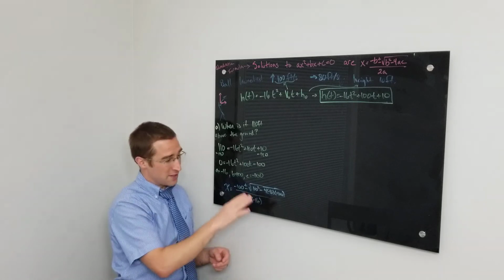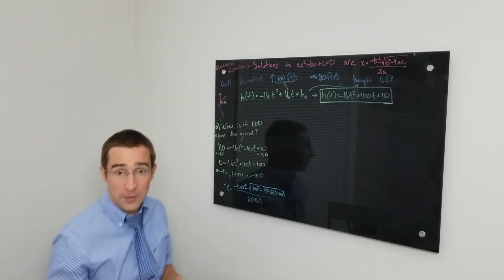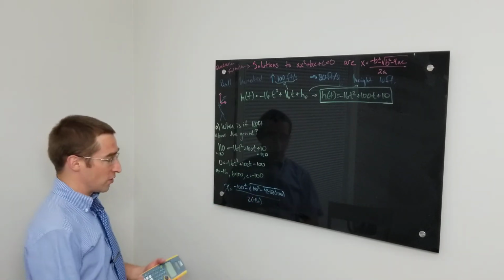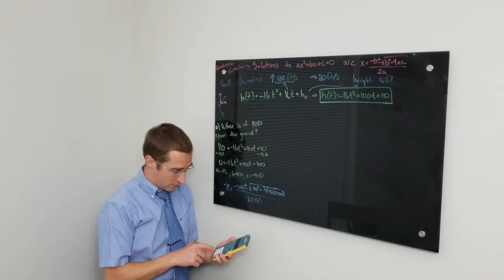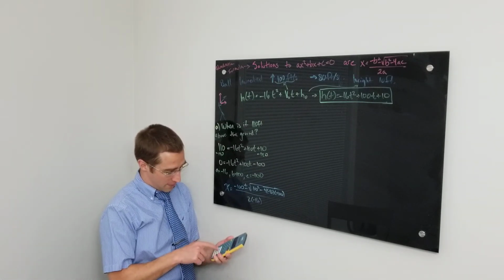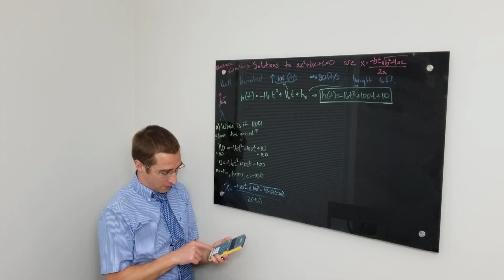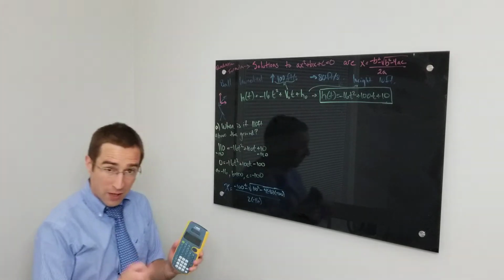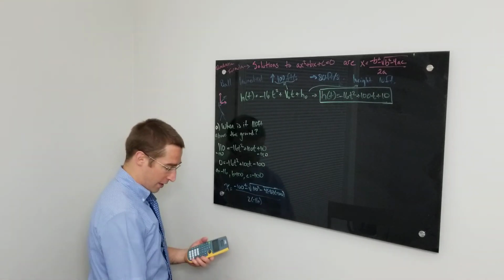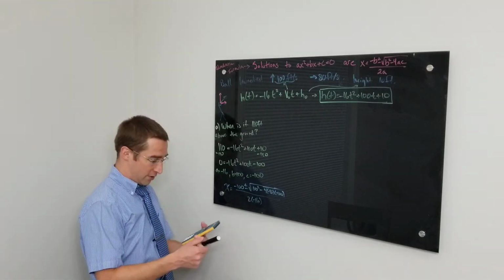And because these numbers get kind of big, just grab a calculator and say, hey, what's the discriminant? Well, 100 squared minus 4 times negative 16 times negative 100. Just plop that in the calculator, hit enter, and we get 3,600.